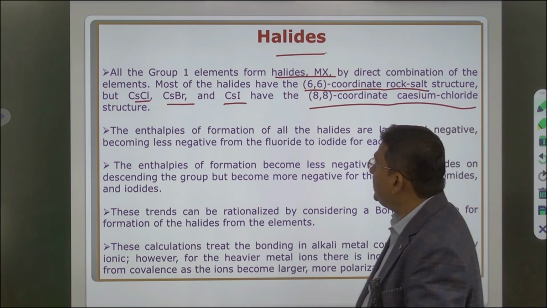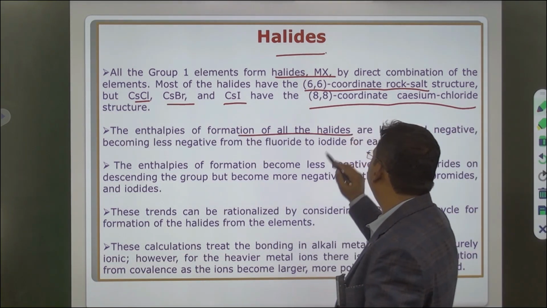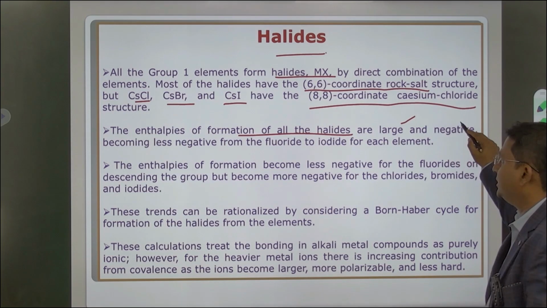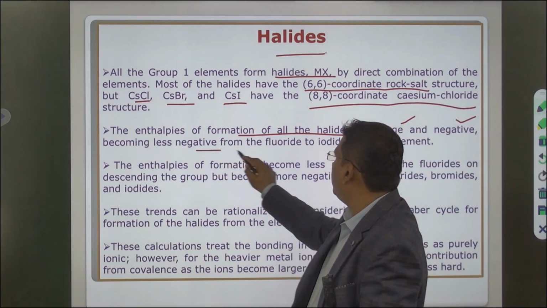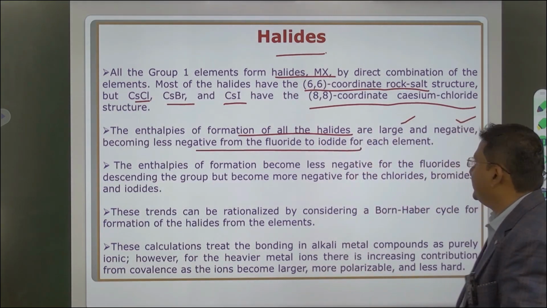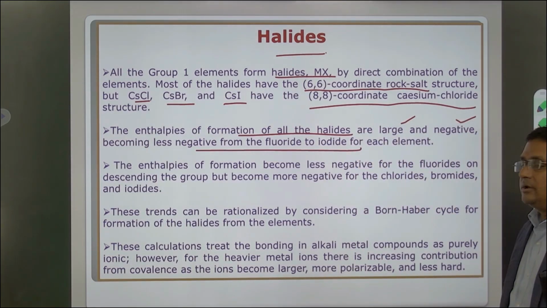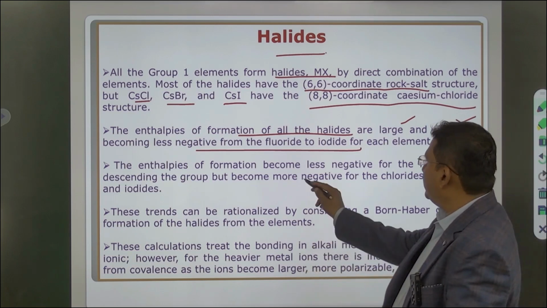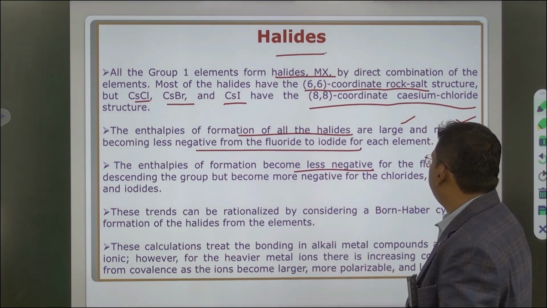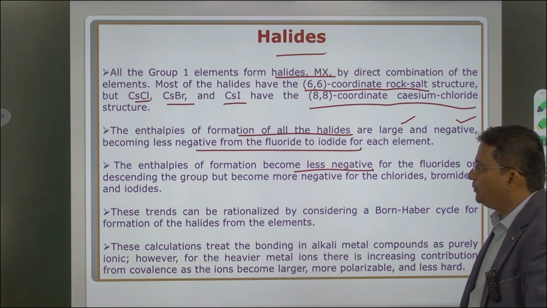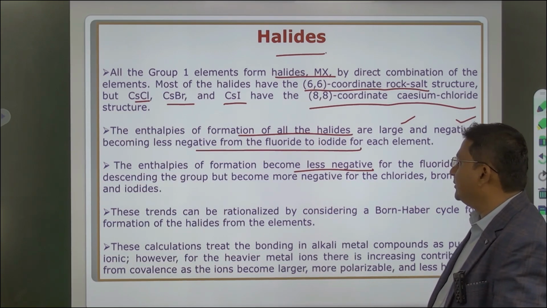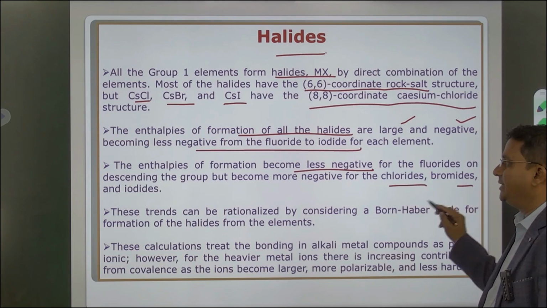The enthalpy of formation of all halides is large and negative. Enthalpy of formation becomes less negative for the fluorides on descending the group, but more negative for the chloride, bromide and iodide.